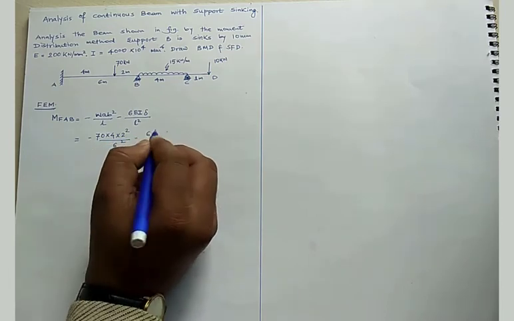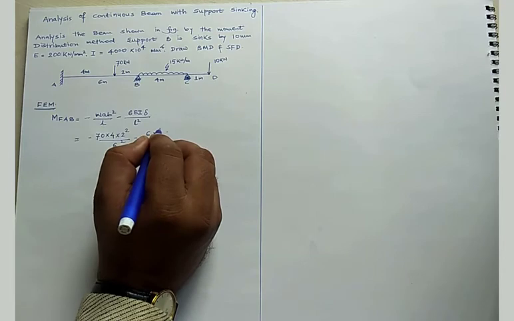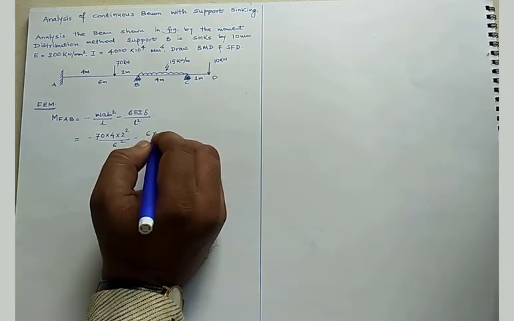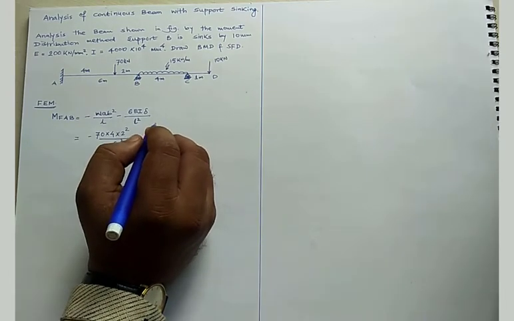minus 6 into the value of EI, taking E as 200 kilonewton per mm square, as given, and the value of I is 4000 into 10 raised to the power 4 mm raised to the power 4. So directly we will convert it into kilonewton and meter.